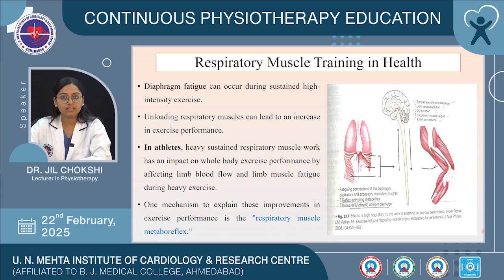So when the respiratory muscles fatigue, it activates the metabolic reflex and increases the group 3-4 phrenic afferent discharges and increases the sympathetic efferent discharge. Also it can lead to limb vasoconstriction and decrease O2 transport, so that it increases blood flow to the respiratory muscles and decreases blood flow to the limb muscles.